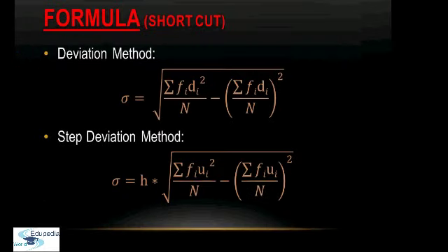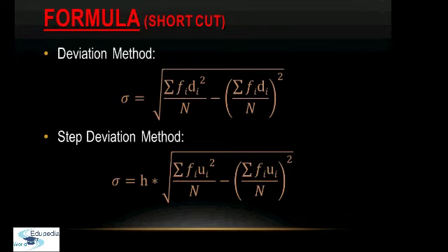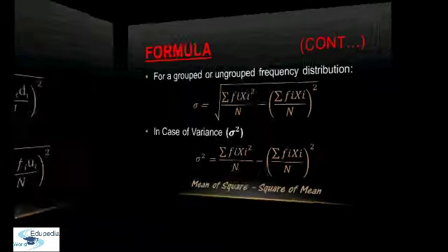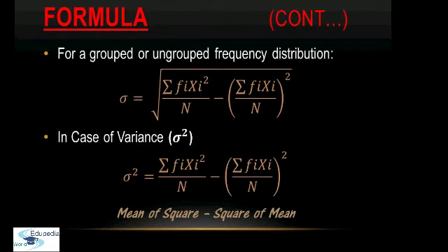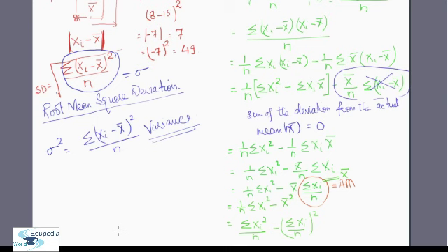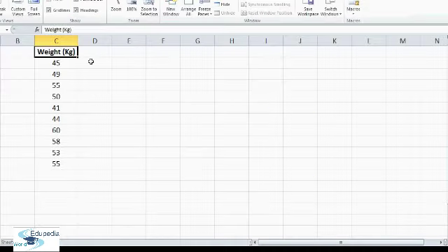And then we also have a shortcut formula, which of course we will take up later on. Today let's understand and consolidate the two previous formulas which we have seen, and let's do some working using a numerical problem. To start with, let's take a problem with raw data.